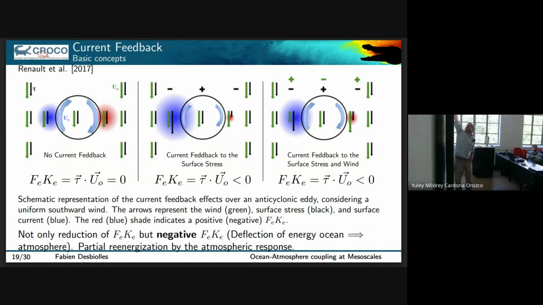Okay? And when the stress is decreasing, the wind can blow a bit faster. Okay? So here we still have a negative wind work, but here we have a partial re-energization of the wind. Okay. So this wind work is actually negative. Okay? So that means there is a deflection of energy from the ocean to the atmosphere.